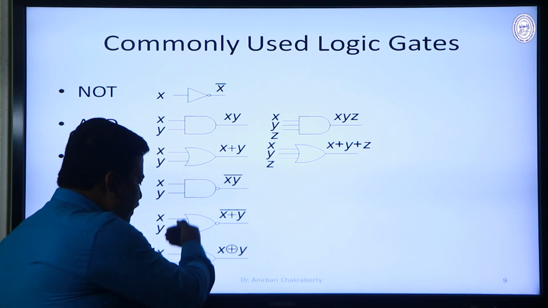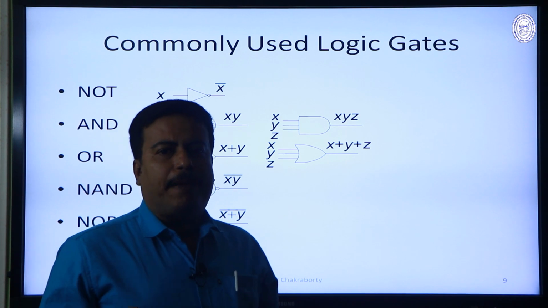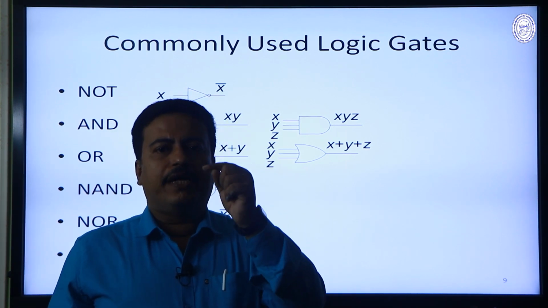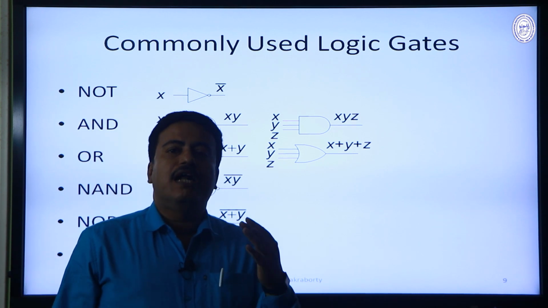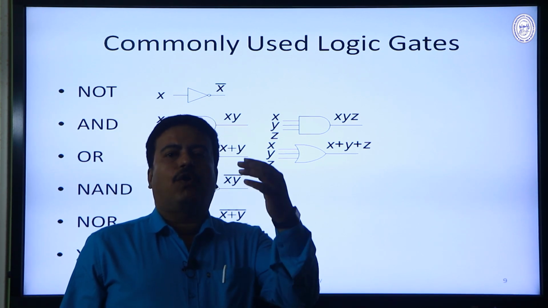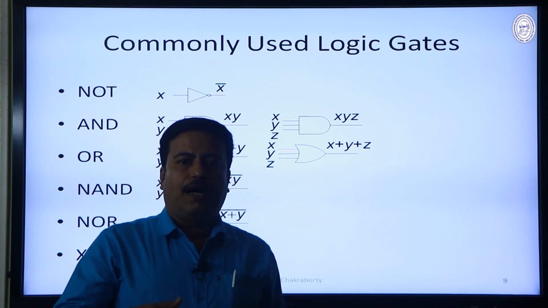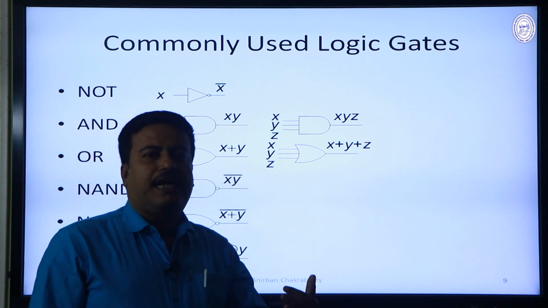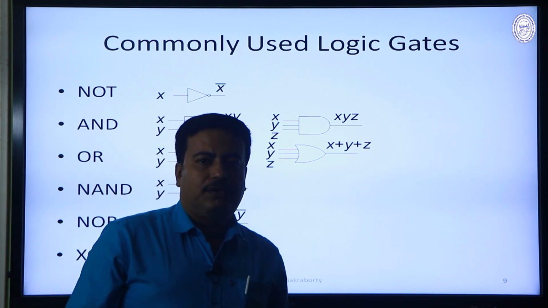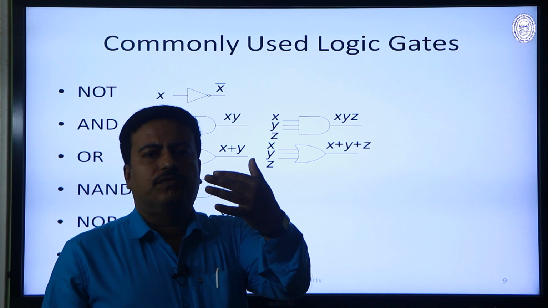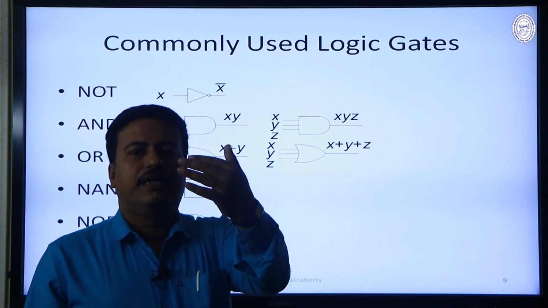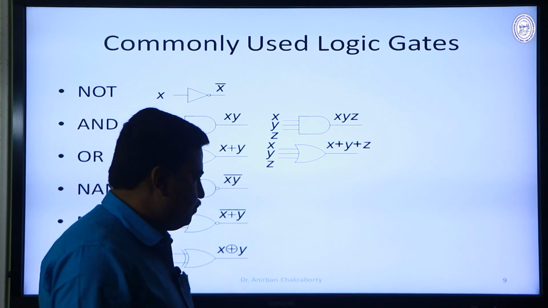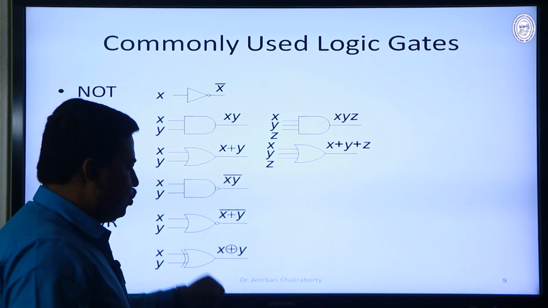So among the 10 inputs, suppose I apply 9 inputs as 1 and 1 input at logic 0. So 9 inputs are at 1, meaning an odd number of ones, so the output is 1. And suppose 4 inputs are at 1 and 6 inputs are at 0. 4 is an even number. This means the output will be 0. So this is the concept of the XOR gate.